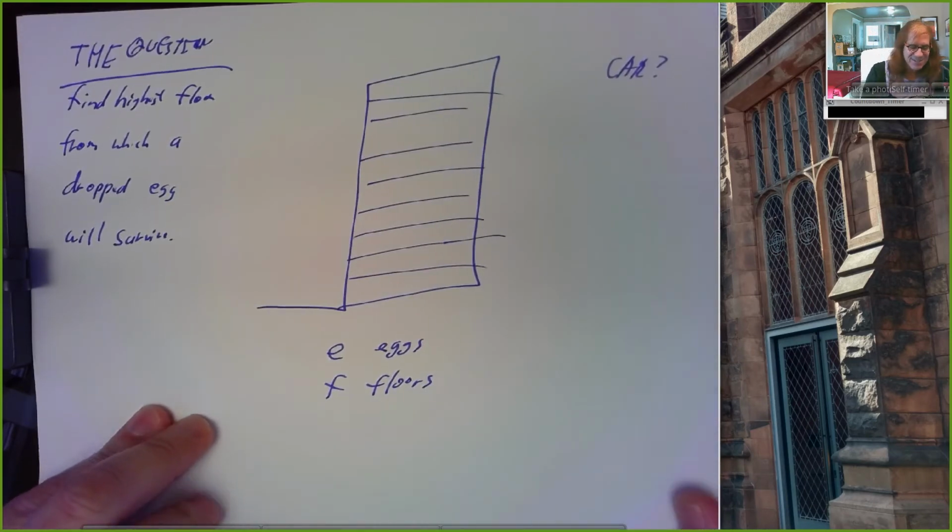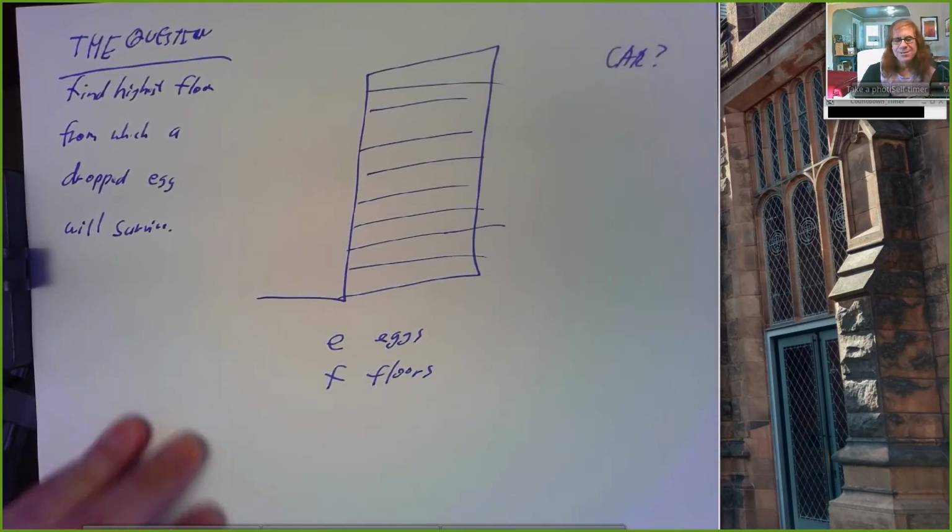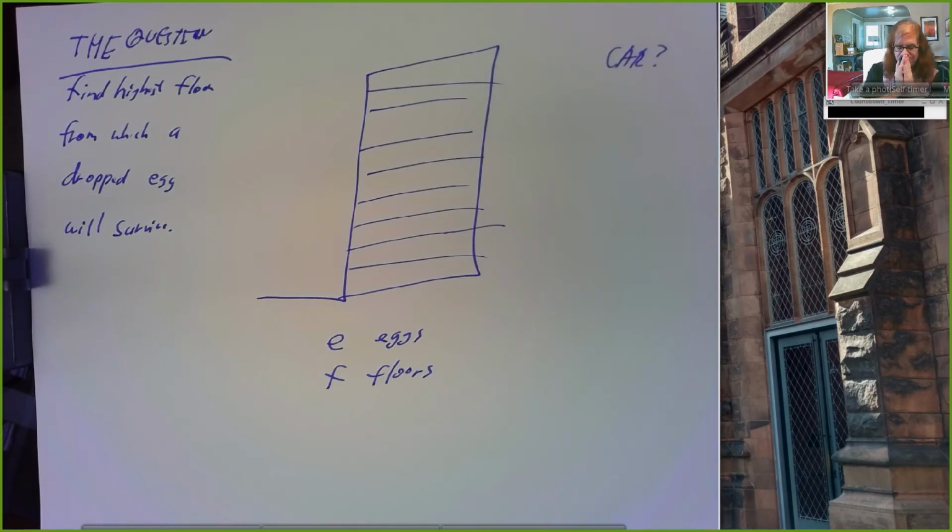All right. So how do we do this? So let's look at the question, right? So suppose you only had one egg. Okay, how would you figure out the highest floor from which an egg will survive? What would be your procedure?